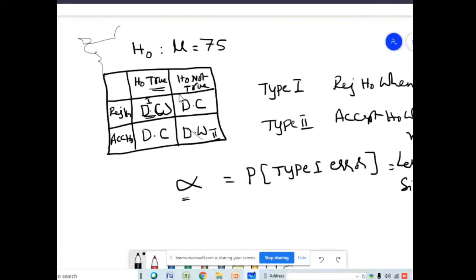And the probability of a type 2 error is generally denoted with beta. And 1 minus beta, the complementary value, is called the power of the test.